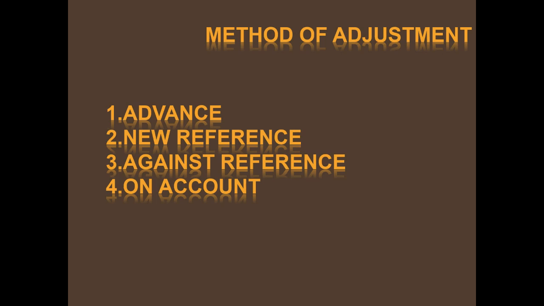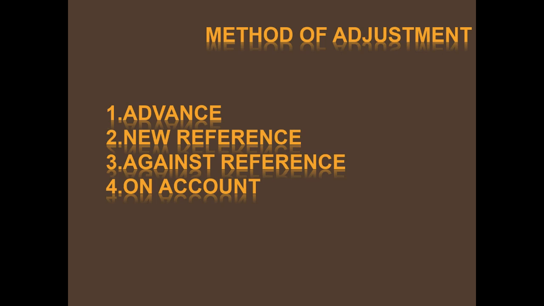But if neither advances are there nor against reference is there, because if we don't have the advances, then we cannot select the against reference. If we still haven't any purchase from the creditor, or any sale to the debtor, then we cannot take the against reference.